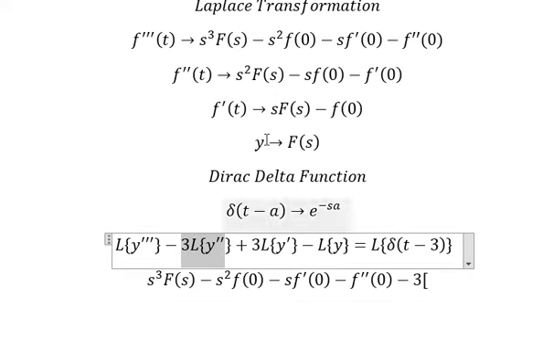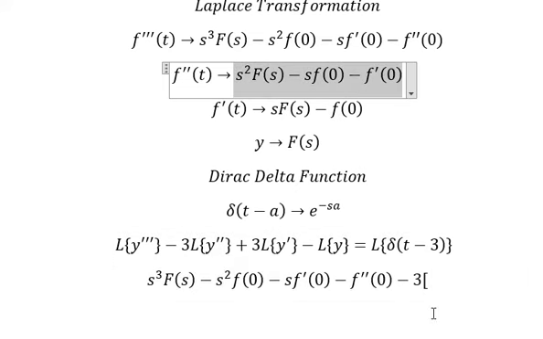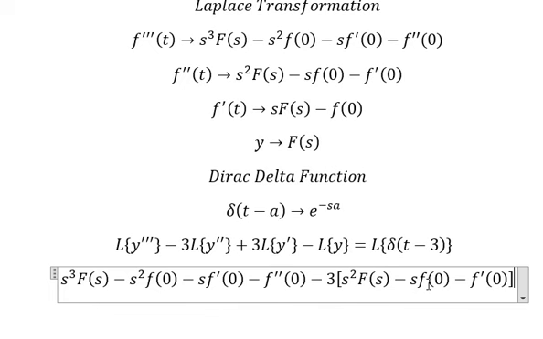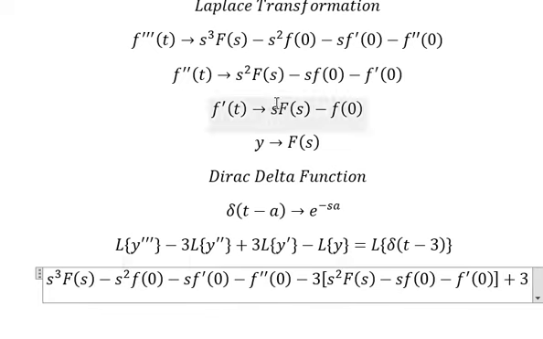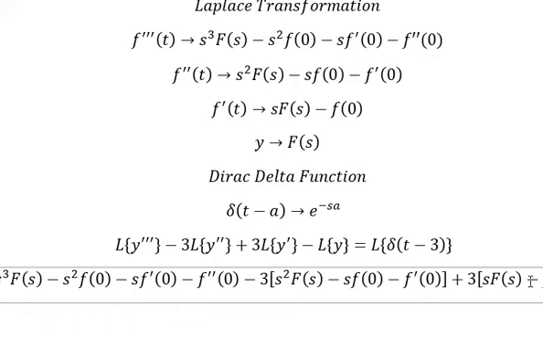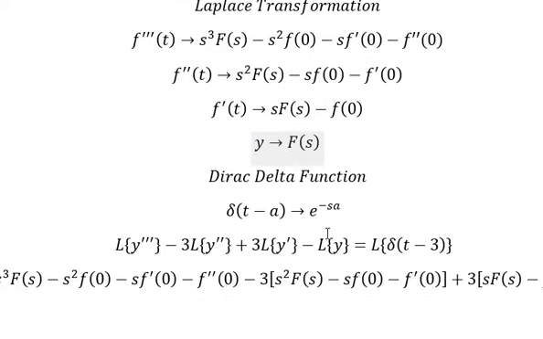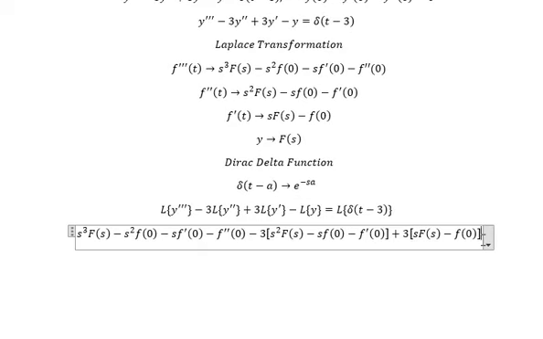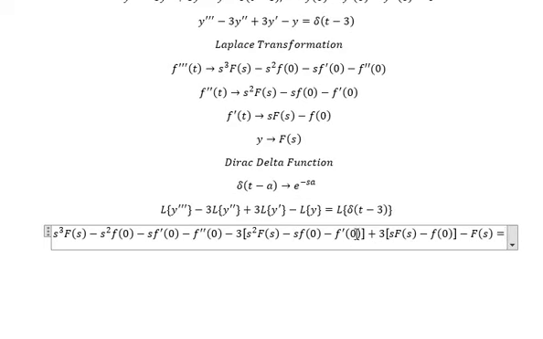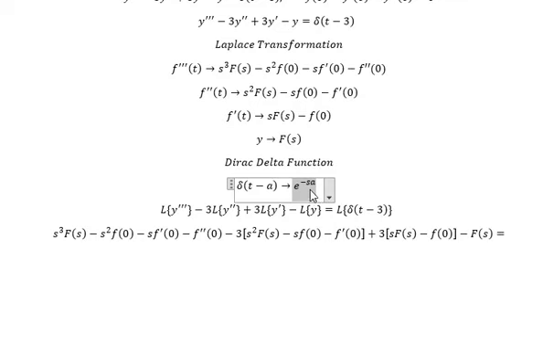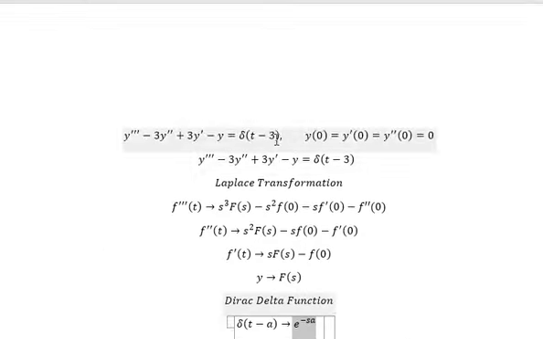This one, that is about this one. This one, that is about this one. And the next one, that's about y. So we need to transform this one. And this one, we have a, that is about number 3.